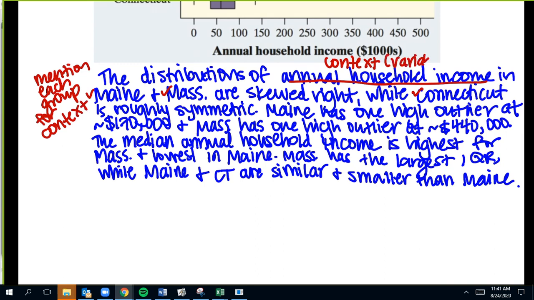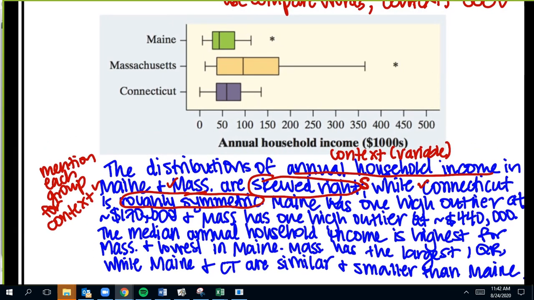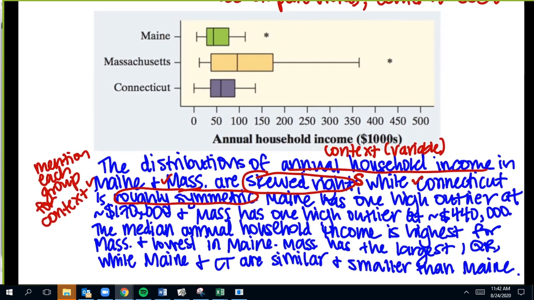Okay, then I have here skewed right. Those are my shapes, roughly symmetric. And that's great. We got our shape, S. I'm just going to put an S there. Now, one quick note about the shape for a box plot. I can't tell if it's unimodal or bimodal or anything like that. So we can only say whether it's symmetric or skewed right or left.